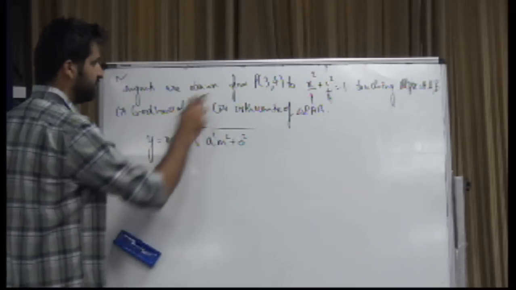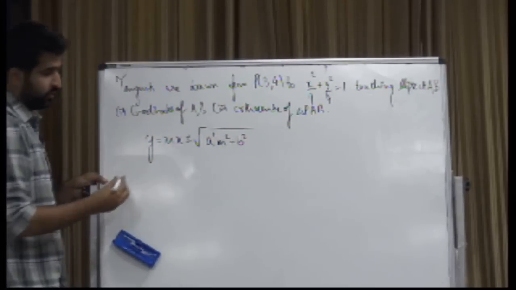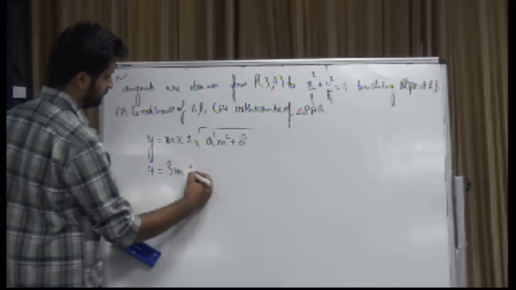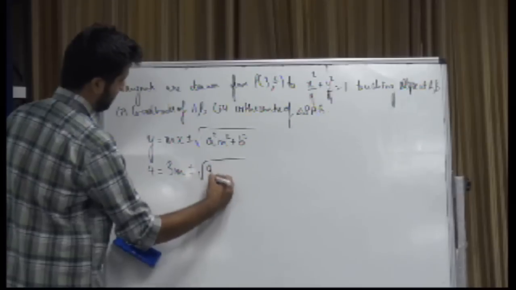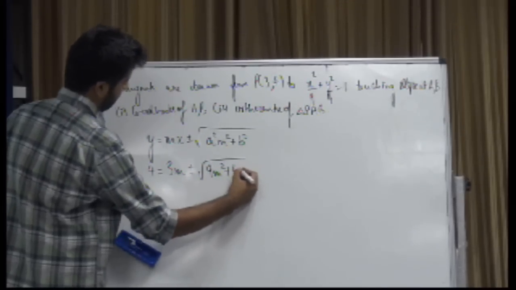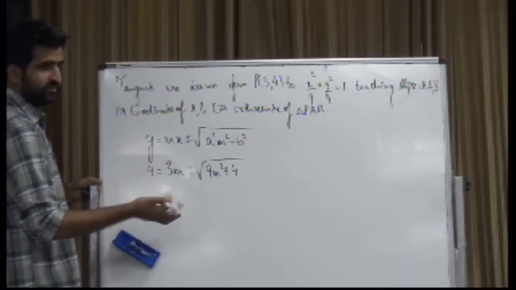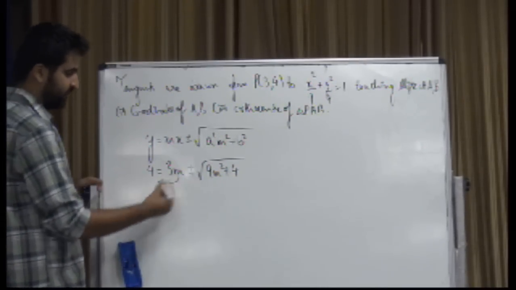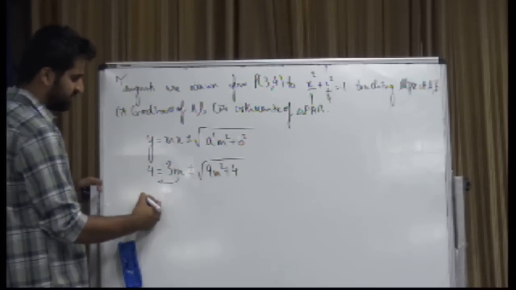So if you put the point 3 comma 4 here, you get 4 is equal to 3m plus minus root 9m square plus 3 plus 4. Square both sides. First you take it to LHS, then you square. So I'm skipping that step.